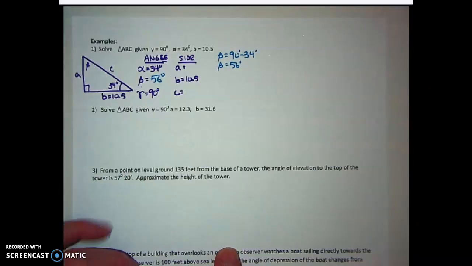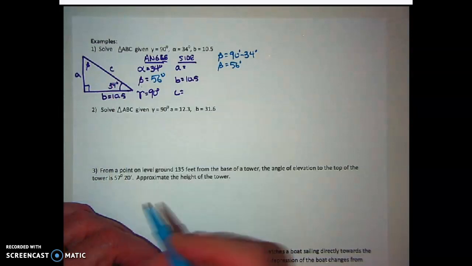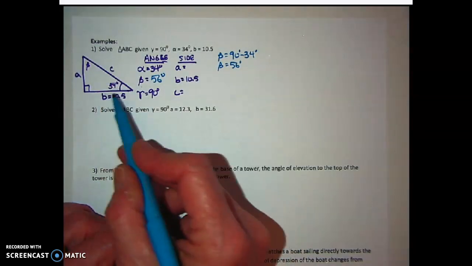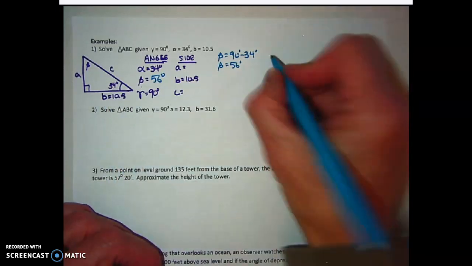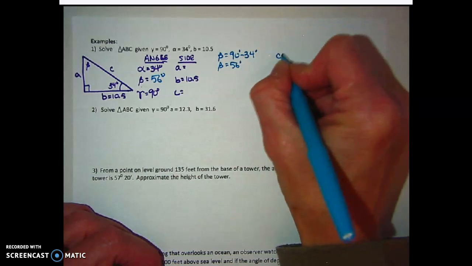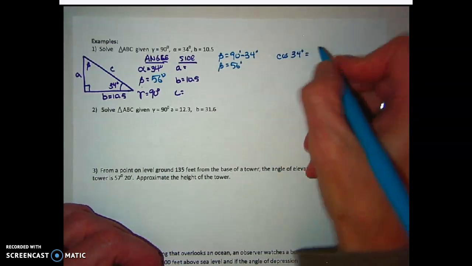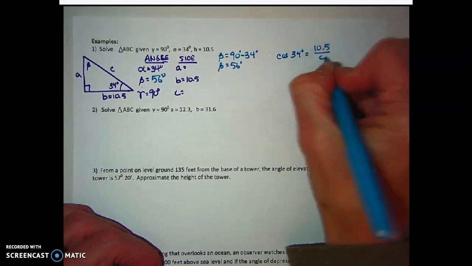Now I need to find sides A and C. So if we notice, side C is the hypotenuse, and I have this angle 34 degrees, and side B is the adjacent side. So if I recall, I can write that the cosine of 34 degrees is going to be the adjacent side, so 10.5, over my hypotenuse.